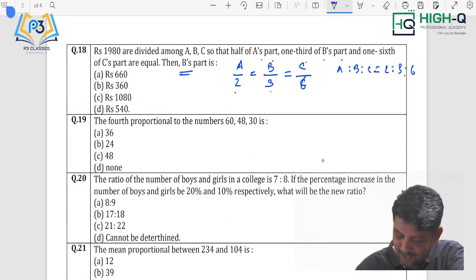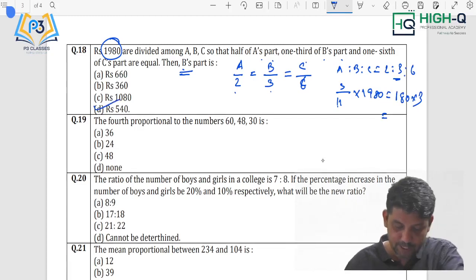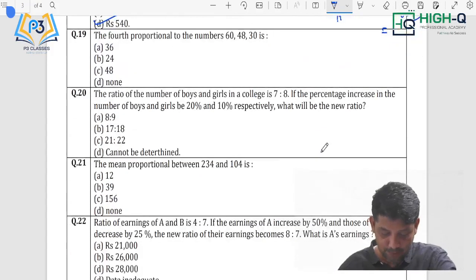Directly you write. B is equal to 3 by 11, because B's portion is 3 out of 11, but the amount is 1980. So into 1980, which is nothing but 180 into 3, which is equal to 540 rupees, my dear.